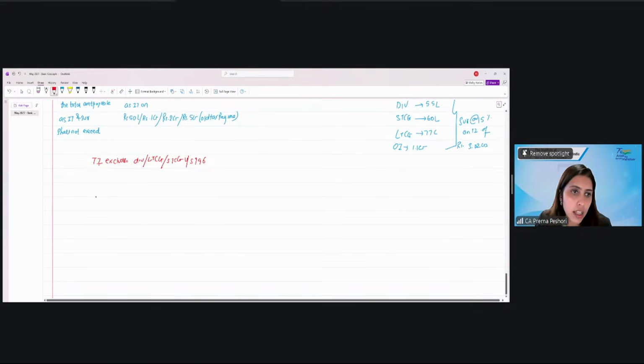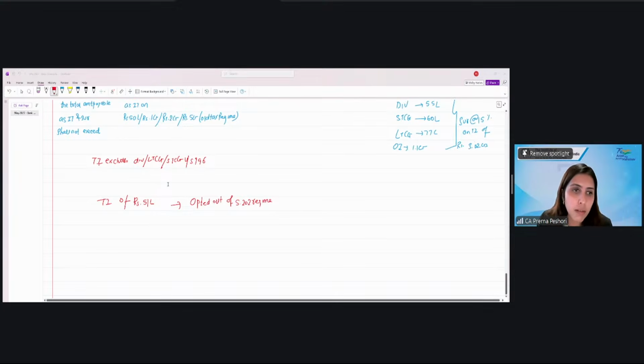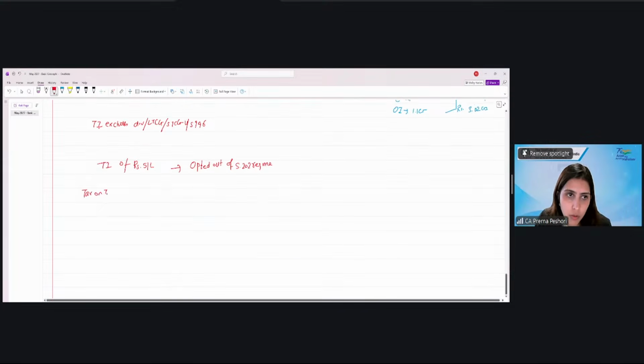Let us say there is a total income of rupees 51 lakh. Right? Now, let us say the assessee has exercised the option of opting out of the Section 202 regime. So we are going as per the old regime. First of all, we'll compute the tax on the total income.